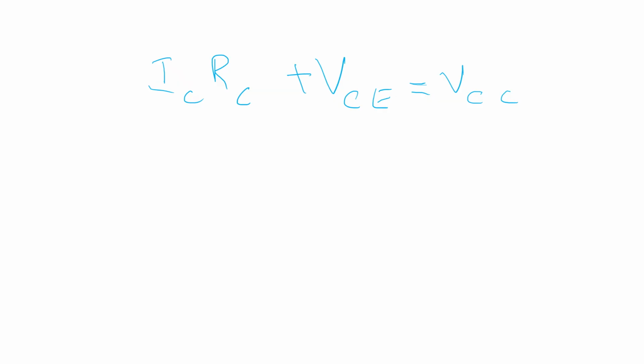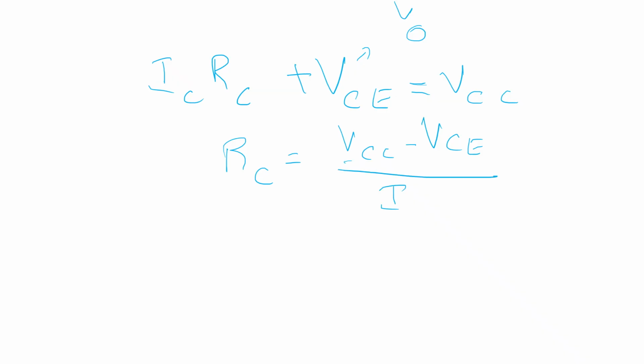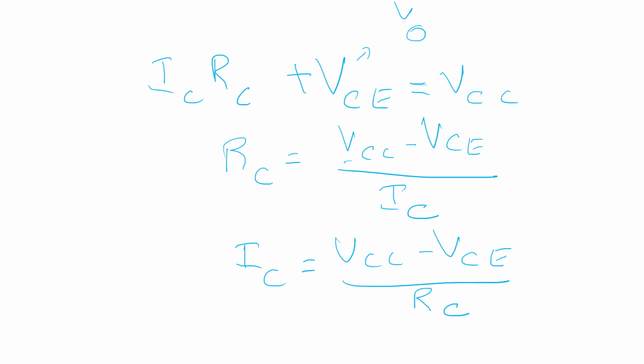This VCE may be considered as the output voltage in our common emitter configuration. So to design the value of RC, we have VCC minus VCE divided by IC. And also IC is equal to VCC minus VCE divided by RC. If we know the value of RC, it is very easy for us to calculate the approximate value of the collector current. So this is a proper biasing done.